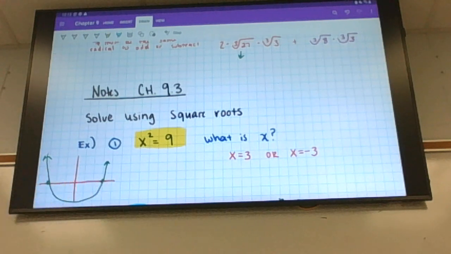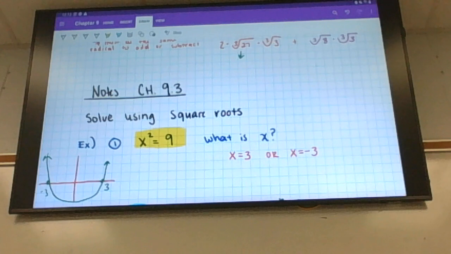Okay, that's what we're looking at. The problem comes into play though when the number is more complicated than 9. It's very rarely going to be so easy that I can say, oh, 3 squared is 9. It's going to be some random number that we can't figure out.